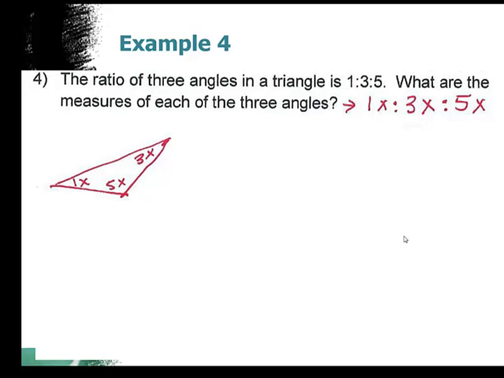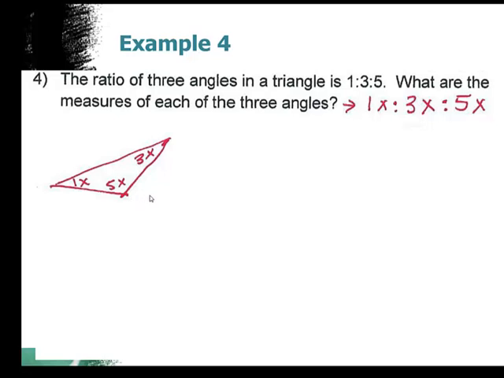Finally, example 4. They say there are 3 angles in the triangle, and the ratios are 1 to 3 to 5. Well, what are the measures of each of the 3 angles? And so you can see here I say, okay, same idea as last time. Obviously, the angles aren't 1 degree, 3 degrees, and 5 degrees. That's simplified. They simplified by some number in common. We'll call it x.